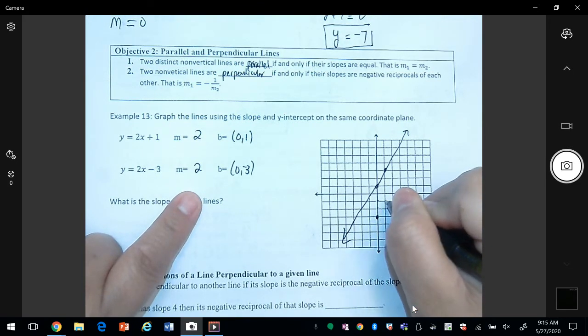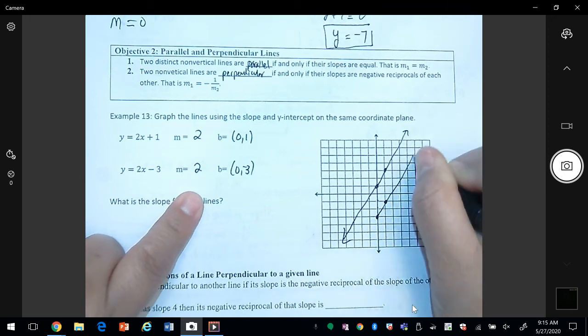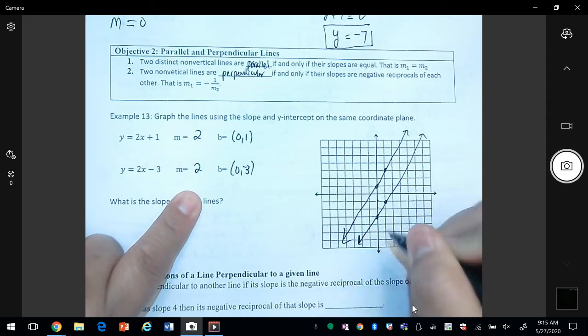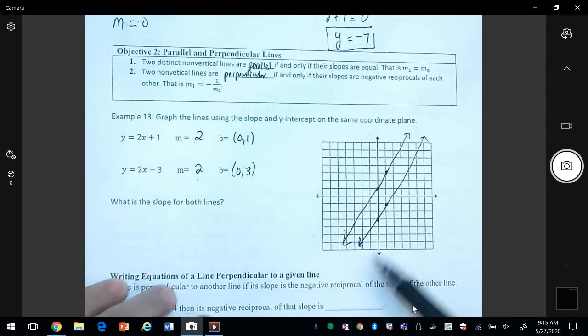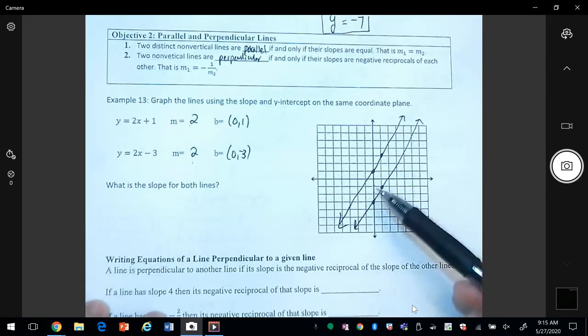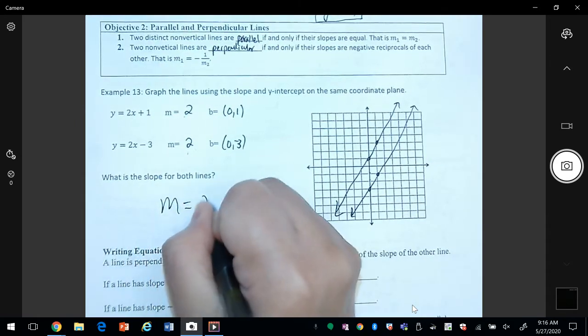So we go up 2 over 1. So as you can see, these lines have the same slope. And when you graph it, they're not going to intersect each other. They're actually called parallel lines.